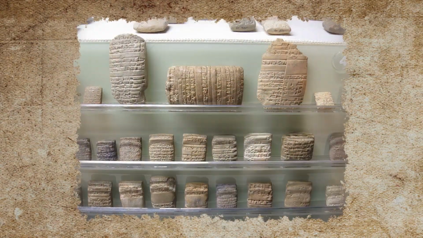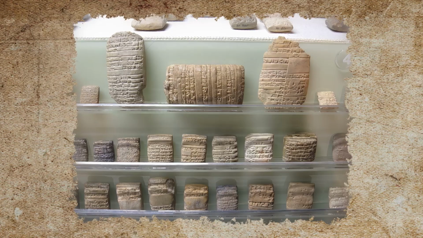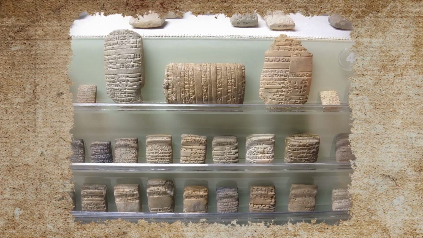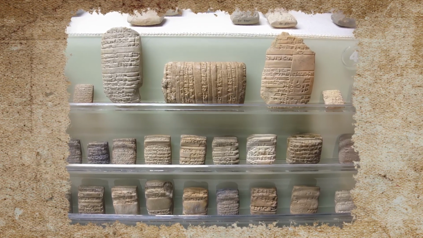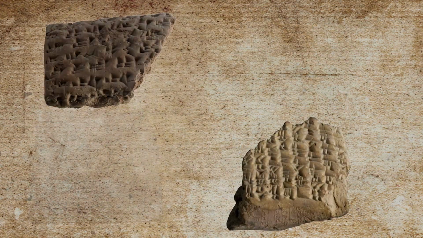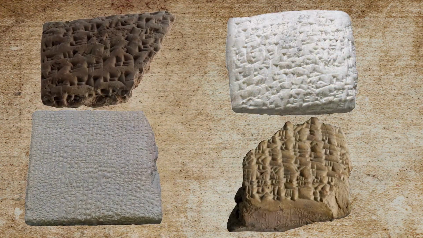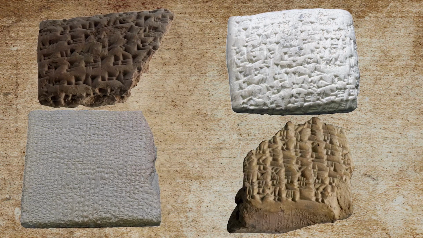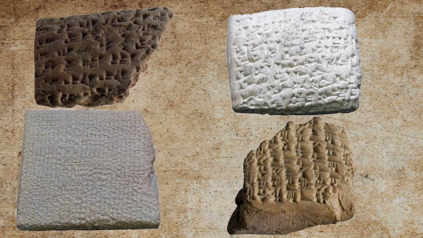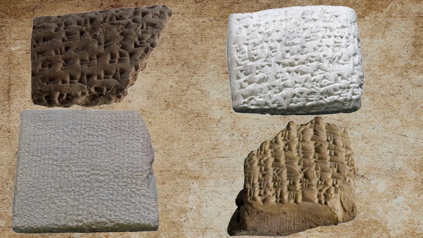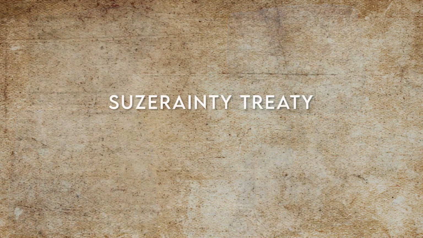In the last 150 years, archaeologists have recovered well over 100,000 clay tablets from the libraries of the various ancient Near Eastern kingdoms. Of course, translating them all is a monumental task that's still underway. But of the ones that have been translated and published, one type that we are particularly interested in is the ancient suzerainty treaty.